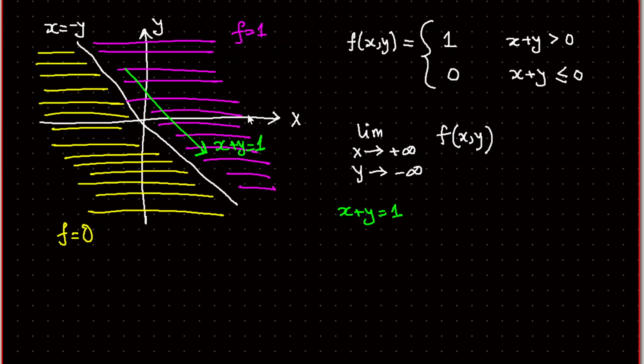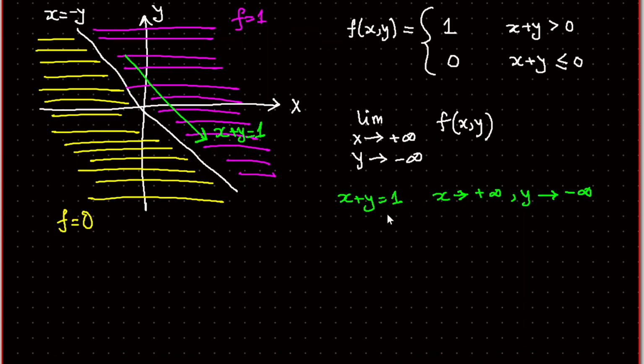In that case, when x goes to infinity, y will automatically go to negative infinity, right? So we have limit x goes to infinity f of x comma y, right? But we observe that the line is entirely on the pink side, so that means the function value is 1 all the time, right?